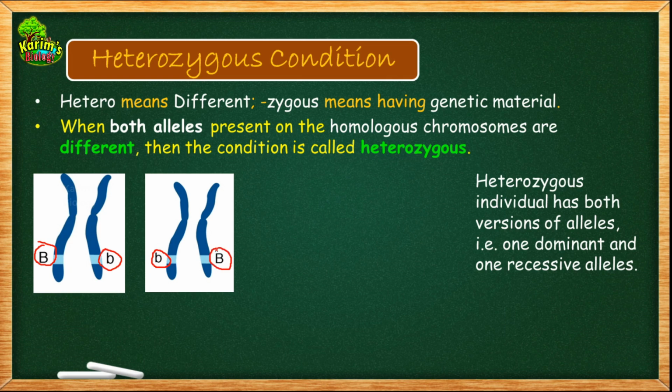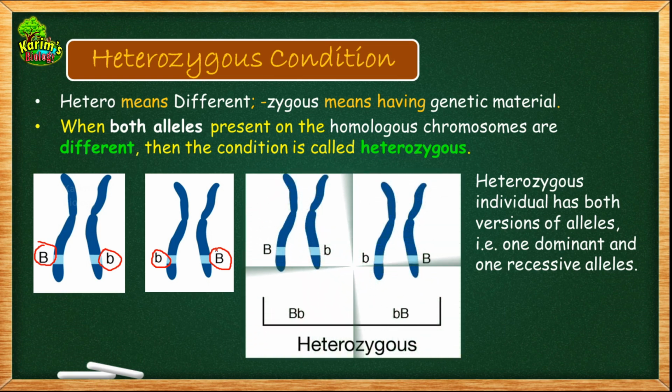Okay, so that's why this condition is called heterozygous condition. By this picture I think it is very clear for you that it is a pair in which one is the dominant version, the other one is the recessive version, and in this pair the first one is the recessive version, the other one is the dominant version of the same gene. So this condition is called heterozygous condition.